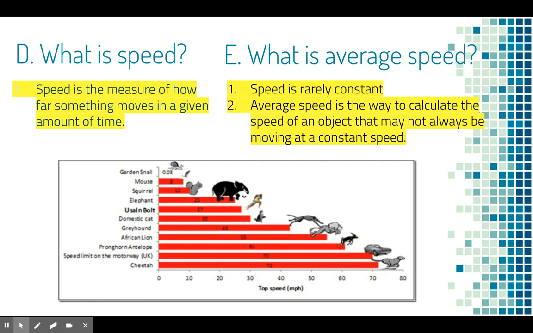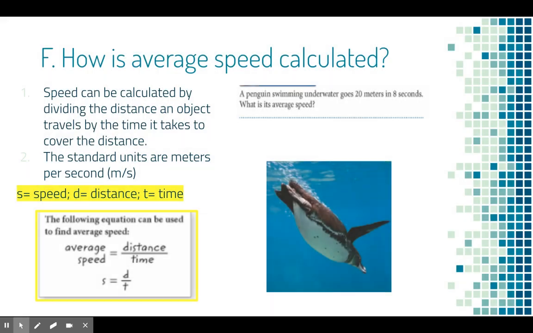When we talk about how fast animals can run, they're not always running at that speed, but that is the average speed. They might need to slow down a little bit if they are crossing water or rocks. But we use the average speed because it's easier for us to come up with a number then.